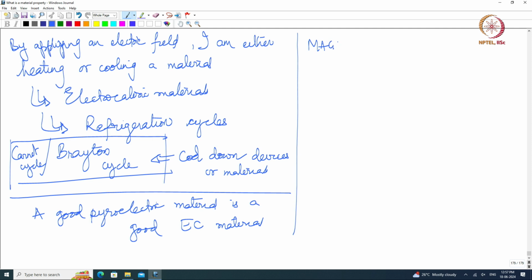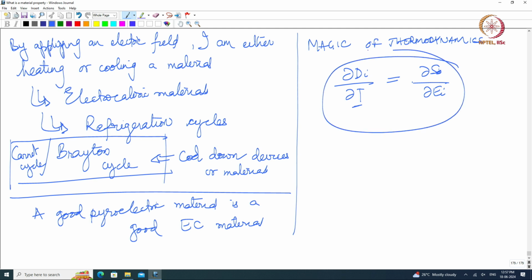It is just the magic of thermodynamics, which says that if I am generating polarization by changing temperature, that is equal to generating entropy by changing the electric field, right. So, these are one and the same, and this is a different experiment altogether, right.